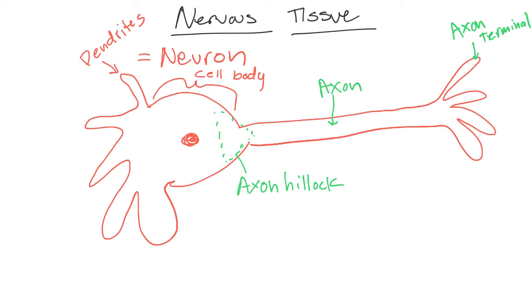So the way the signal goes, it is received generally in the dendrites, travels down the axon hillock, through the axon, and then out these terminals to the next tissue, whether it's a neuron on the other side or a muscle tissue or a gland.